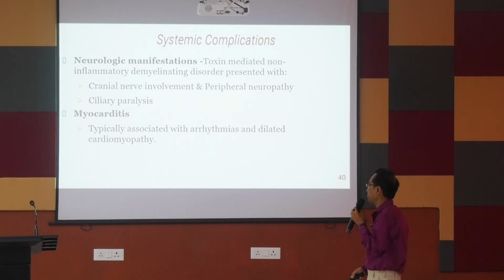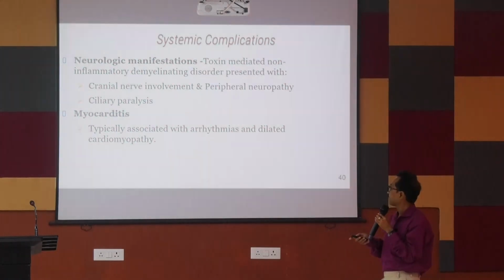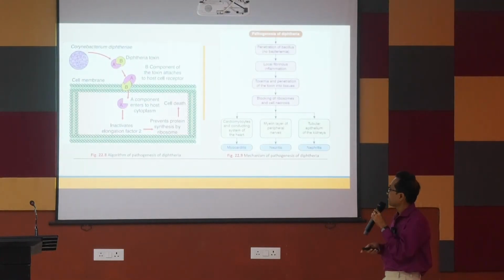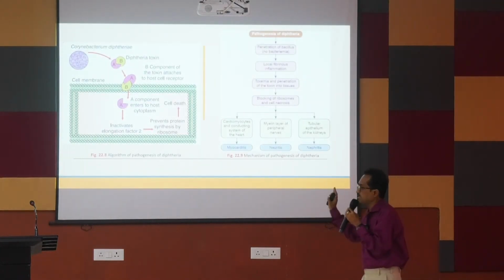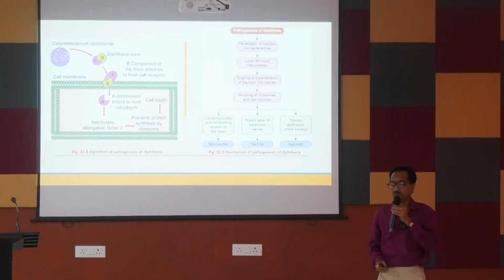Myocarditis is typically associated with, what are the features of the myocarditis? There may be arrhythmia or dilated cardiomyopathy. This is the whole pathogenesis in a single slide. For recapitulation, what is the main pathogenesis?